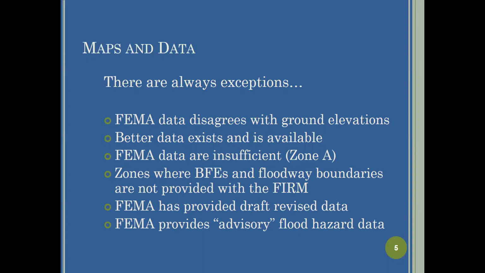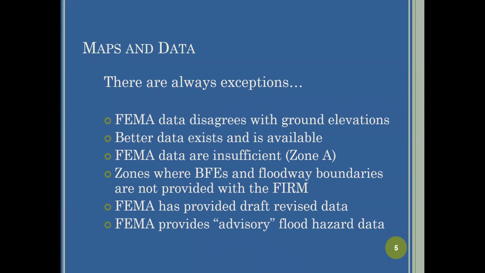If the data doesn't agree with what's actually out there, maybe it's changed over time. We've had situations where paper maps were converted to digital maps, and the GIS shapefile all of a sudden is 20 feet east of the stream. We've actually had maps converted 15 years ago show the floodplain entirely east of the thalweg of the stream.